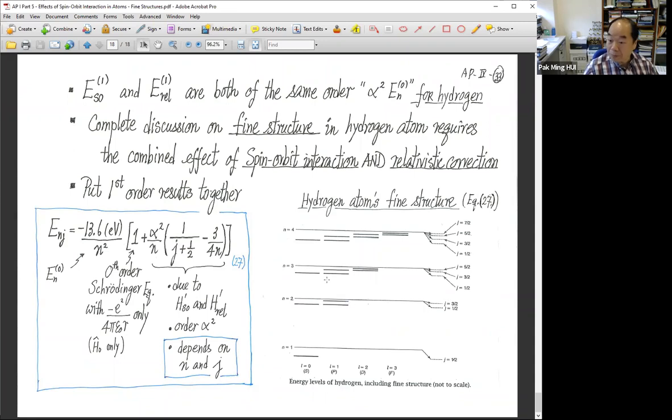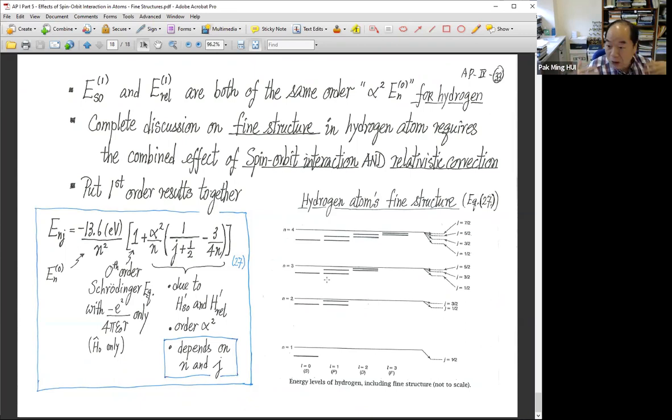Now that is the prediction. When we include all the relativistic effects, recall, spin is also one of the relativistic effects, right? Because if you want to get spin out naturally from an equation, that is the Dirac equation.